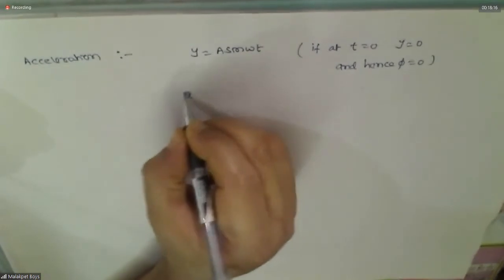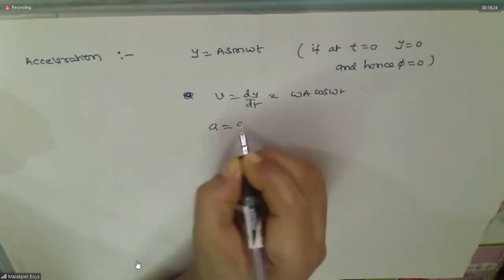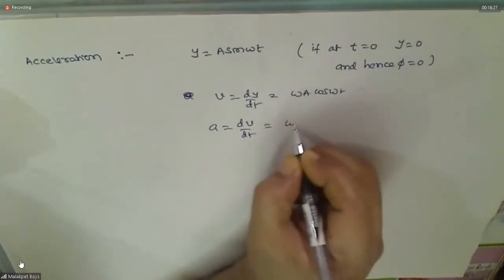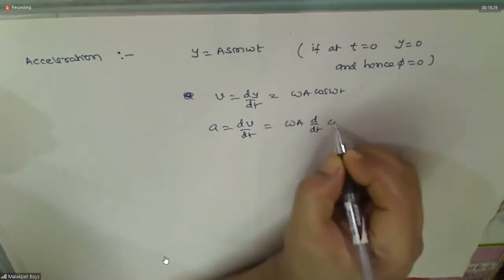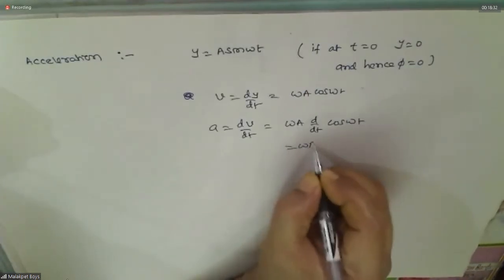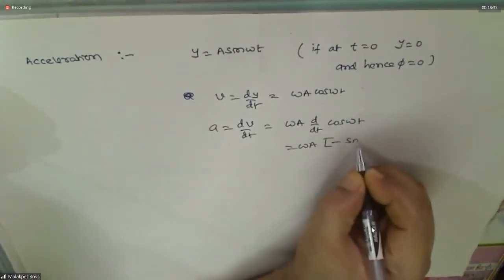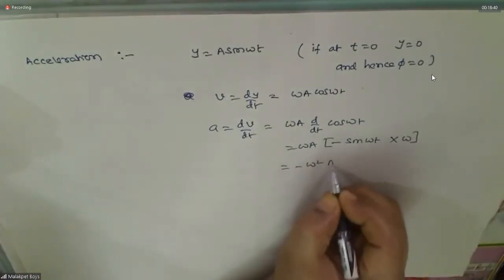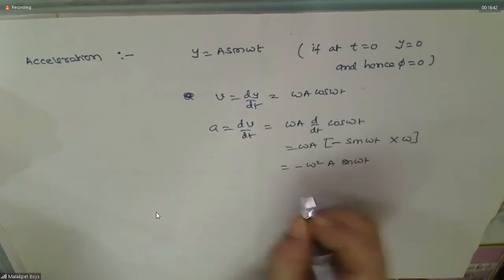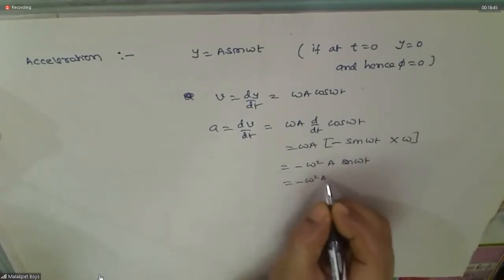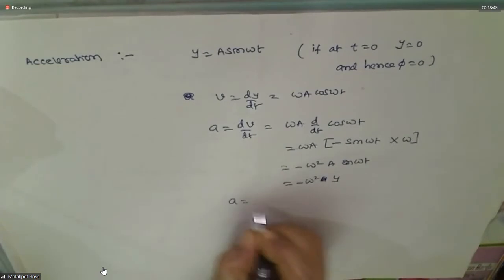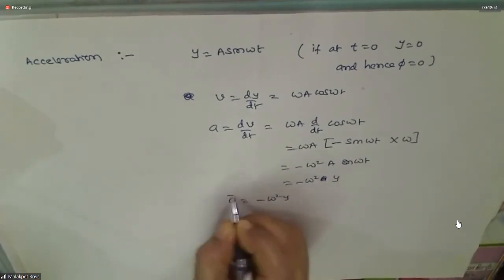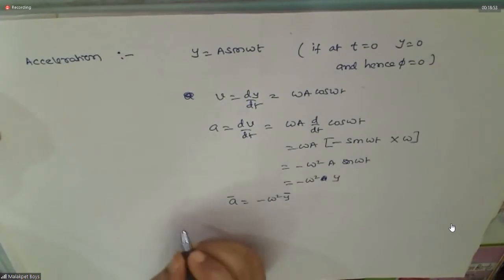So here you have velocity, and acceleration is dv by dt, omega a d by dt of cos omega t. Derivative of cos is what? Remember, minus omega squared a sin omega t. This is minus omega squared y, no? So acceleration is minus omega squared y vectorially. That means, note on this.